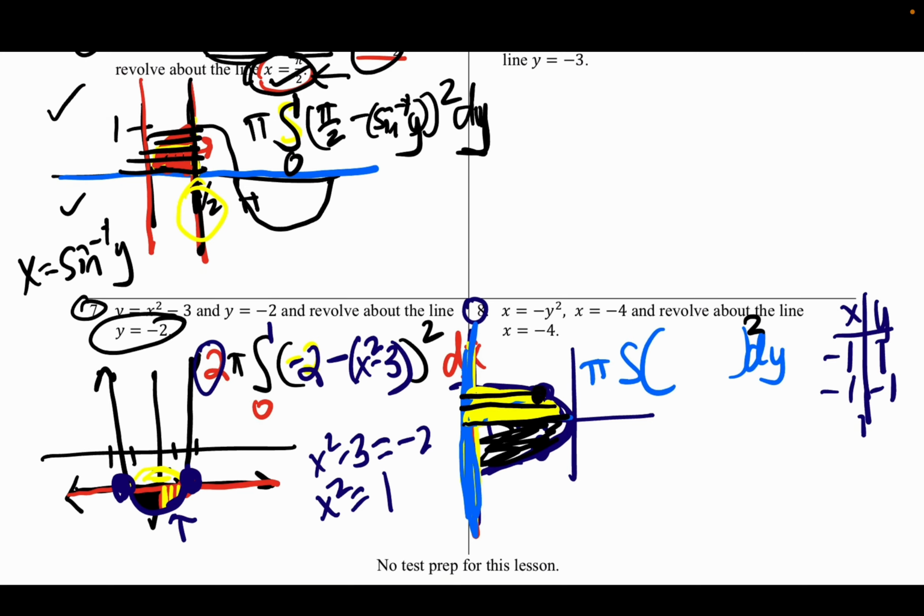So here you have curve, which is negative y squared, minus negative 4, so it'll be plus 4. And let's see, we want to crawl up the y-axis, like we're coming up this way.